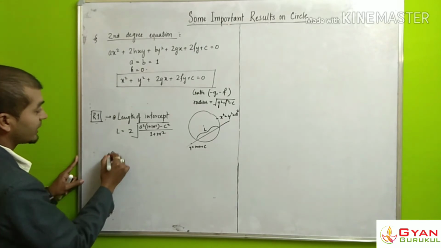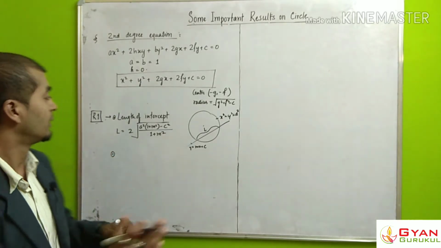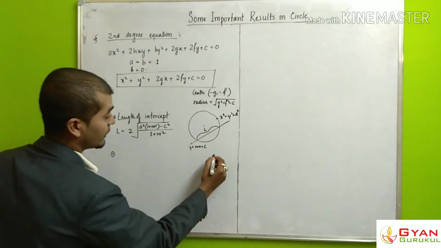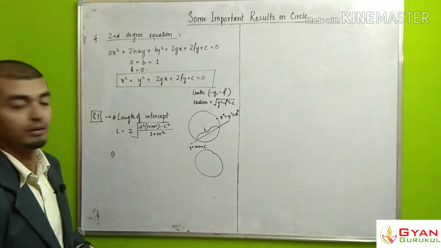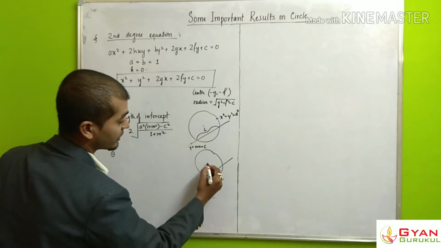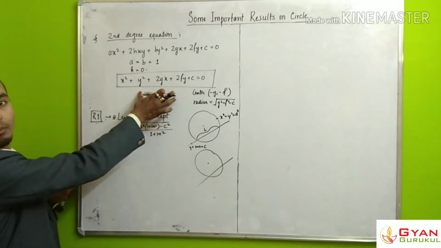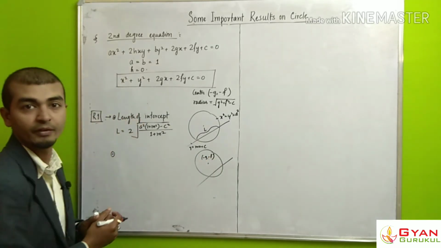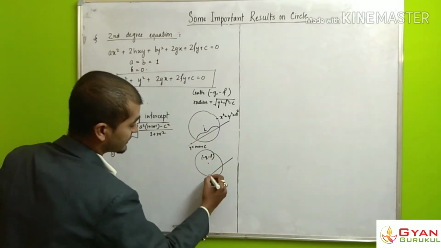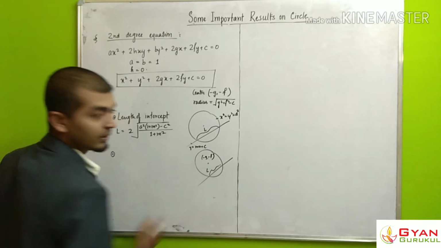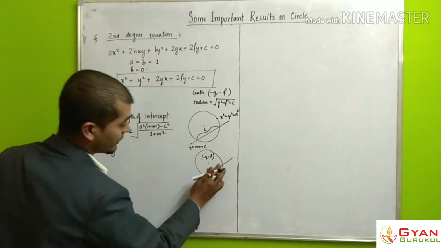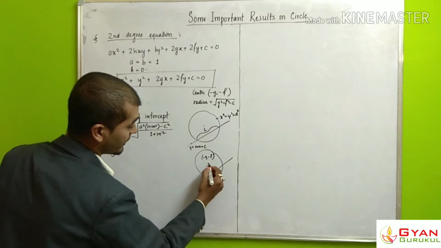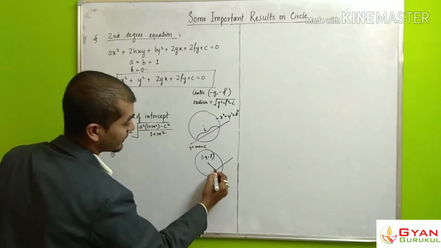Next, if we have to find the length of intercept for a general circle, which means it's not the simplest one, where the center is minus g, minus f, then this length of intercept can be found if I draw a perpendicular from the center to the line.